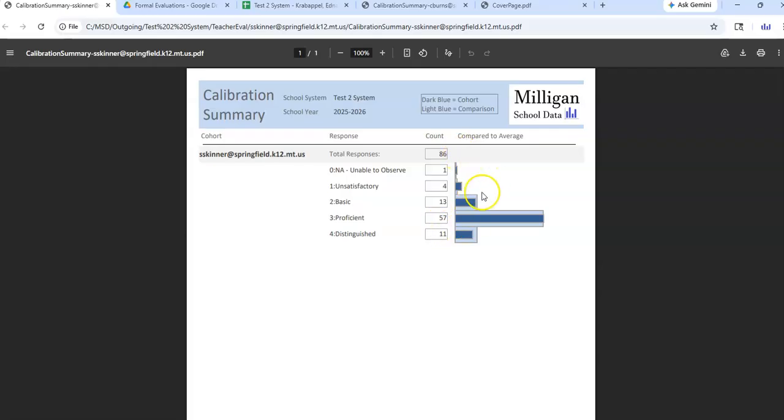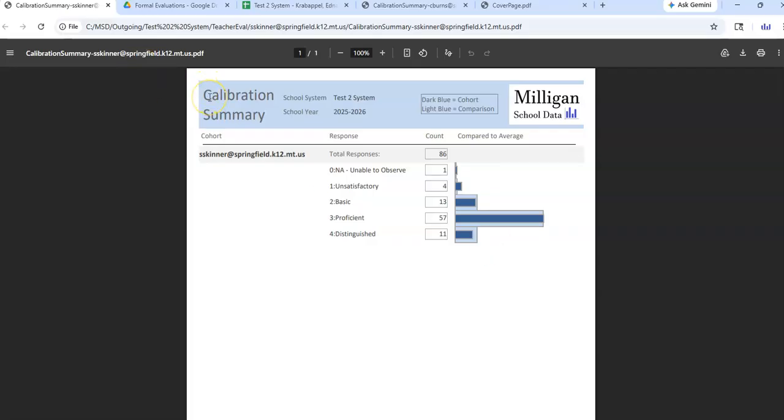What you can see here is that this particular evaluator, Mr. Skinner in Springfield School, really matched what the average evaluator gave for proficient. You can see that they were maybe a little bit low. They didn't give quite as many distinguished as the average, and they gave maybe a few more unsatisfactory than the average. That is just information that you can use.